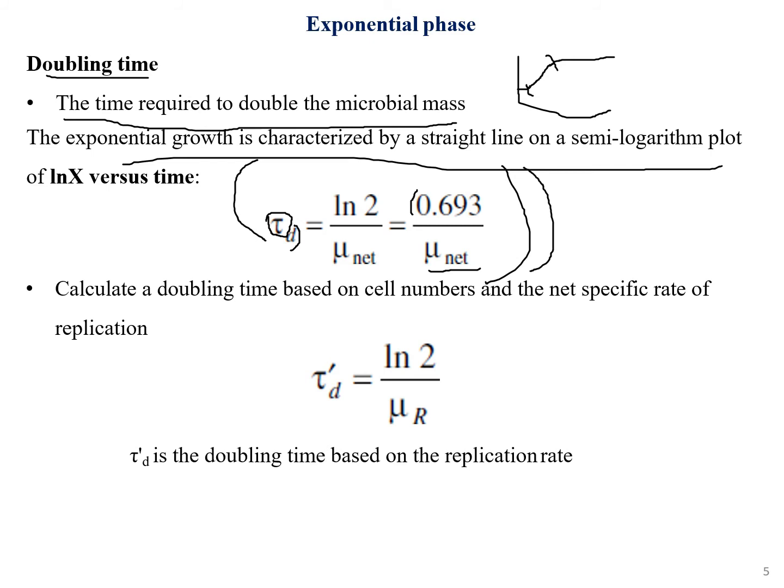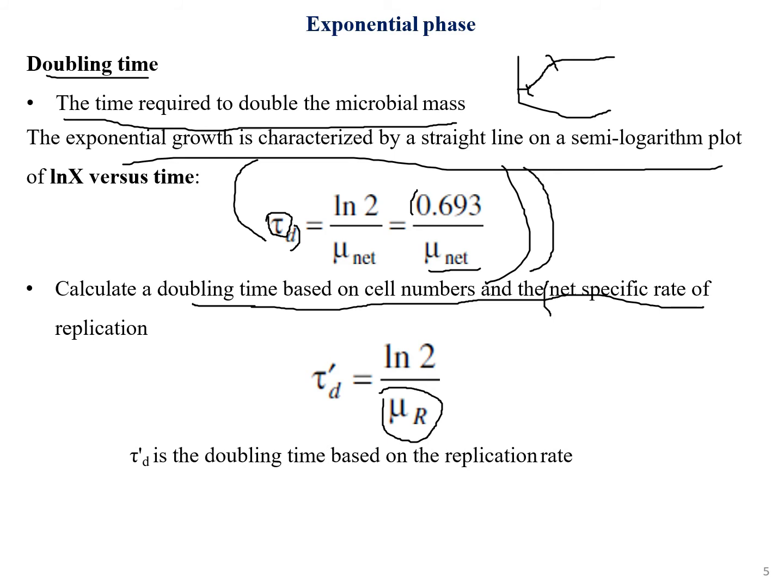Also, calculating the doubling time based on the number of cells and the net specific rate of replication, there's basically not much difference. So mu net gets replaced by mu r, where mu r is the net specific rate of replication. While calculating the doubling time based on the number of cells, we just replace the net specific growth rate by the net specific rate of replication.